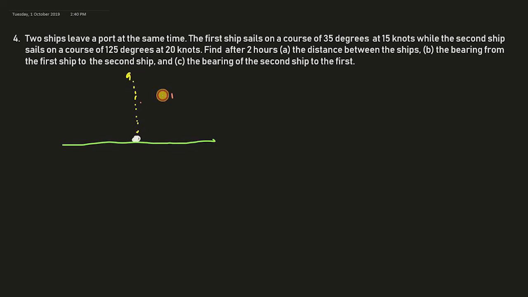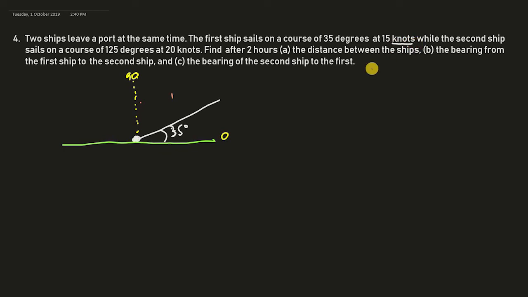This is 90 degrees. This is 0. So, ship A travels only 35 degrees. From here, it travels 35 degrees. So, this is our ship A. That's what it traveled. And at 15 knots.